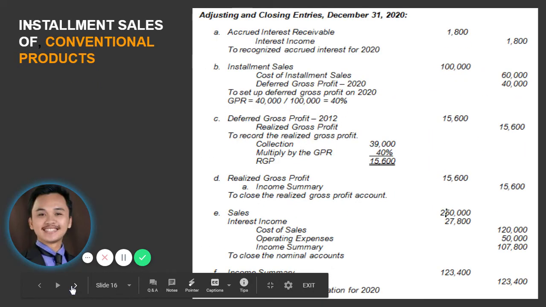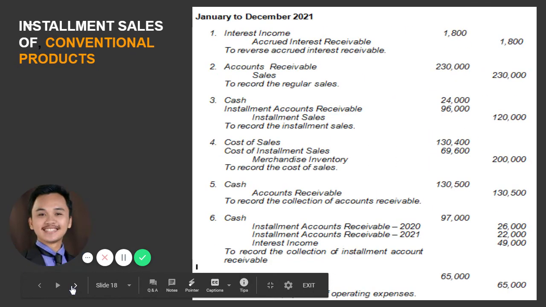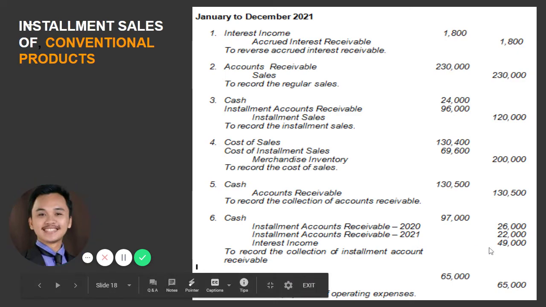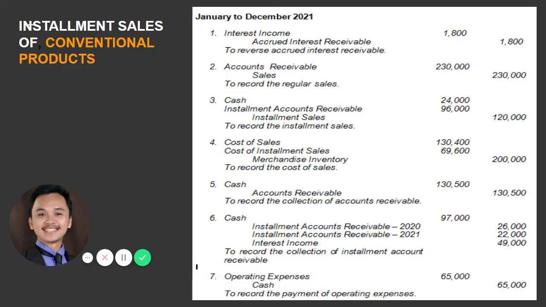But again, it will be separated based on which year it was made as a sale. So in this case, 26,000 is from our 2020 sales, and 22,000 is from our 2021 sales. And then that 49,000, guys, is from the interest: 18,000 for 2020 sales and 31,000 for our 2021 sales.